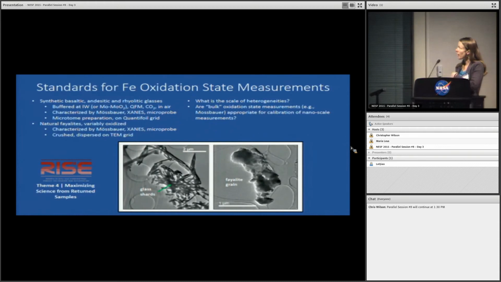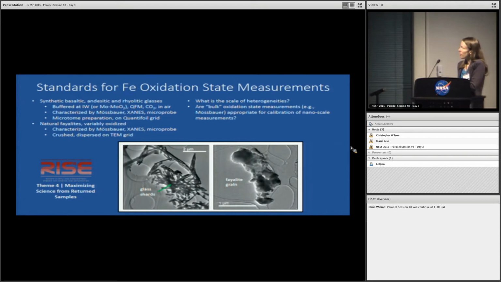And so the work that I've been doing as part of the RISE survey group and the theme of maximizing science from return samples is to try to make sure that when we do these measurements, we're assigning the correct valence state to these spectroscopy measurements.